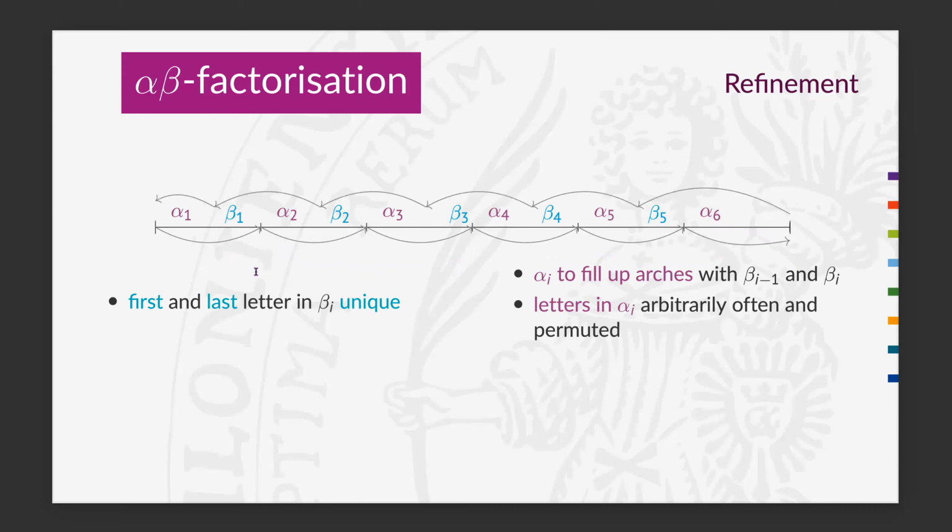And the alphas are then just for filling up the arches. You can put them inside arbitrarily often and permuted.